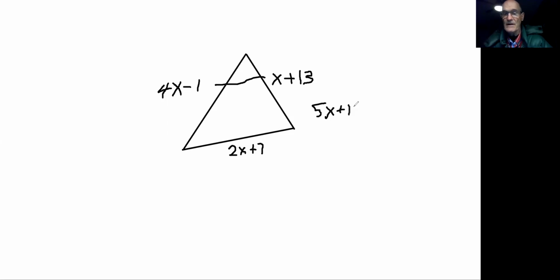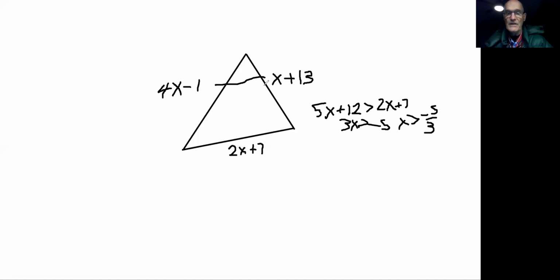And that's got to be greater than the third side, which is 2x plus 7. So if I solve this, I get 3x is greater than minus 5. So x is greater than minus 5/3.